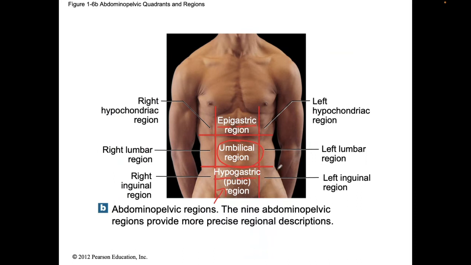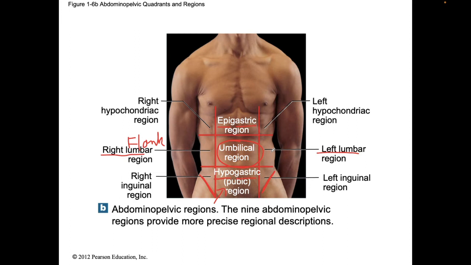All right, let's look near the groin over here. So we have a left inguinal region and a right inguinal region. Let's look at the lumbar region. There's a left lumbar and a right lumbar. Now, sometimes those lumbar regions are also referred to as the flank. So you have a right flank and a left flank.